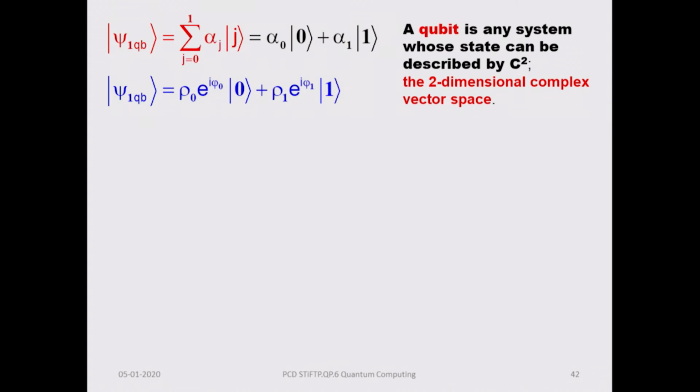All right. So, now I have written the complex numbers using polar coordinates. The first is rho 0 e to the i phi 0, the second is rho 1 e to the i phi 1.